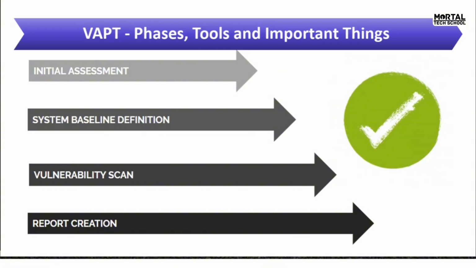The next is system baseline definition. Gather information about the systems before the vulnerability assessment. At least review if the device has open ports, processes, and services that shouldn't be open. Also understand the approved drivers and software and the basic configuration of each device. A perimeter device shouldn't have a default administrator username and configuration.